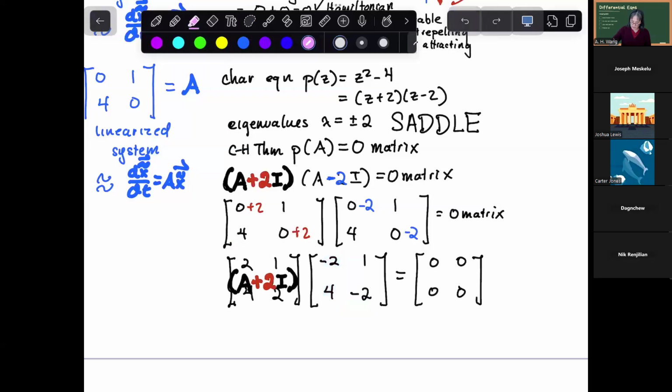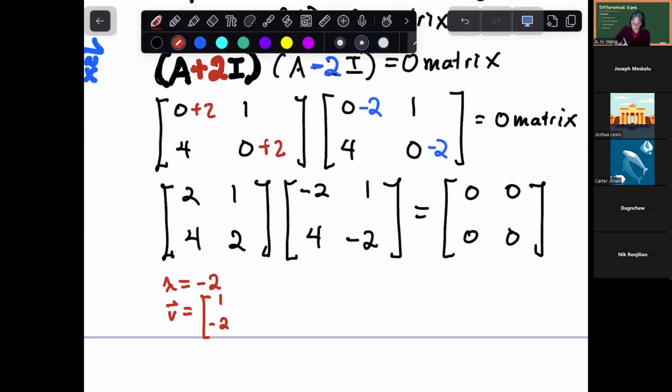So can somebody tell me then, that being the case, if your lambda equals -2, because this is minus minus 2, what is a good eigenvector? -1, 2.